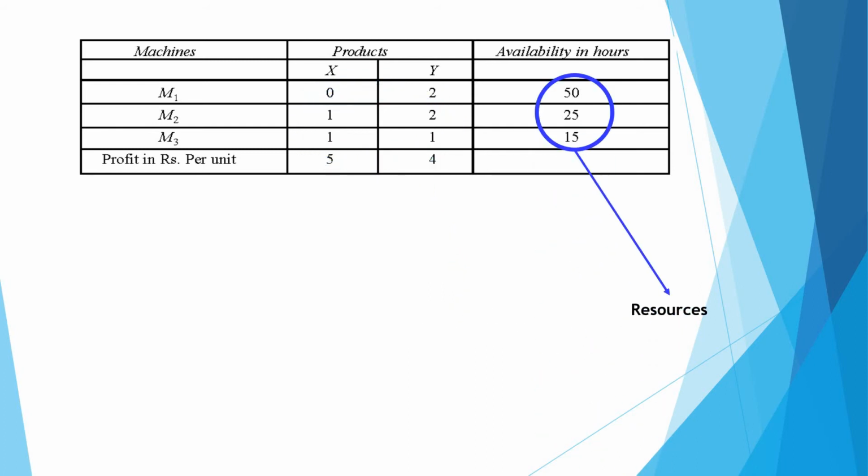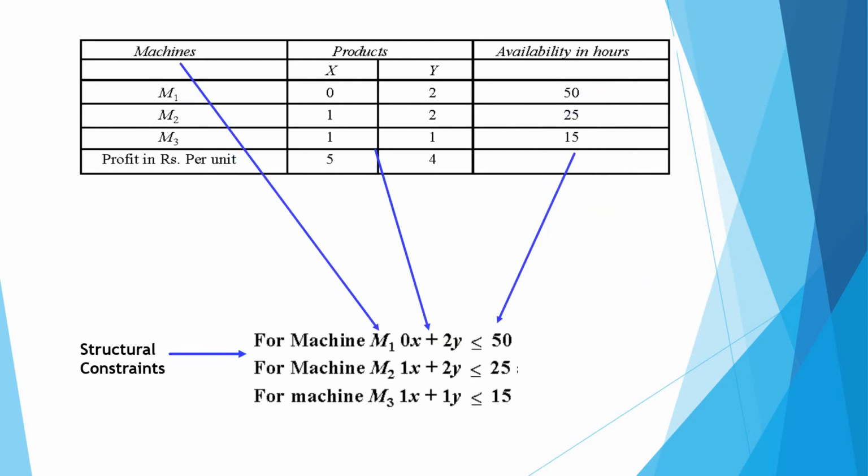And the maximum timings available on machines M1, M2 and M3 are resources. You can't go beyond these resources. That is, you can't use machine M1 beyond 50 hours, machine M2 beyond 25 hours and machine M3 beyond 15 hours. Okay, now we will construct structural constraints. For machine M1, product X doesn't require it, so 0x plus 2y less than or equal to 25.